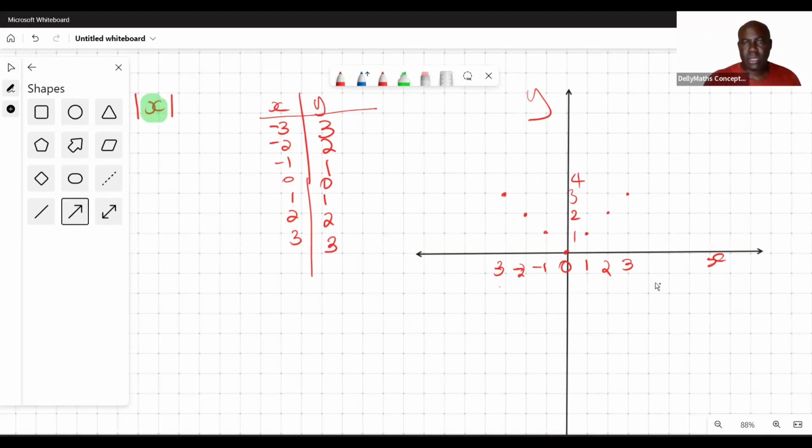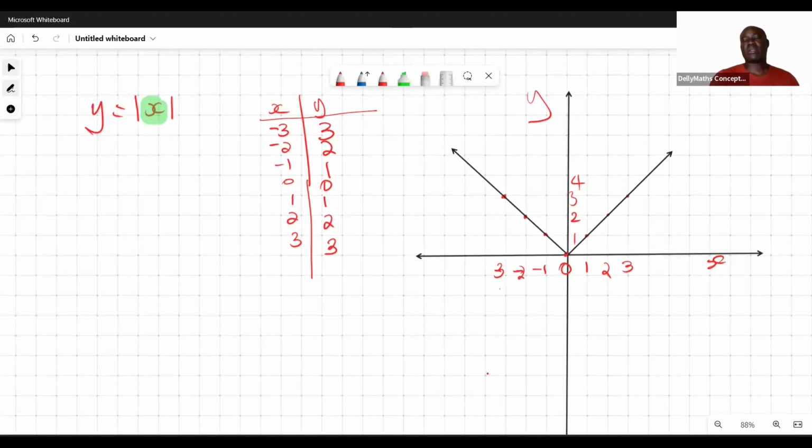If we take a quick look at what's going on here, you can see it looks like a V. We're getting a V shape.